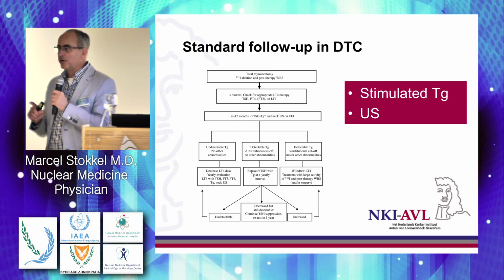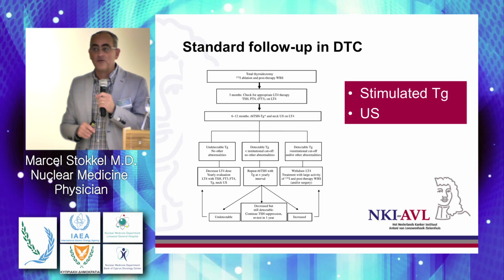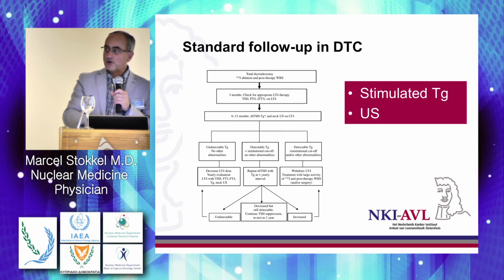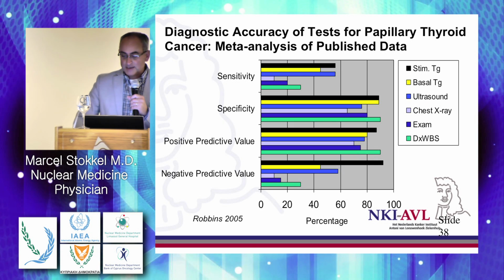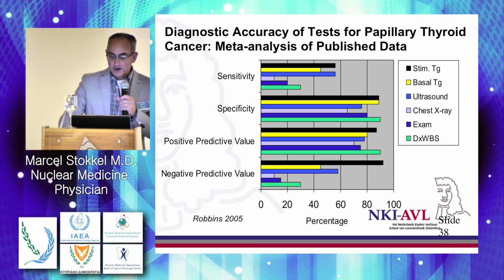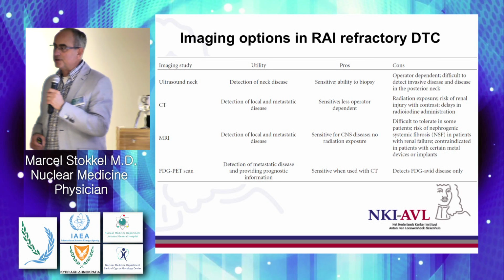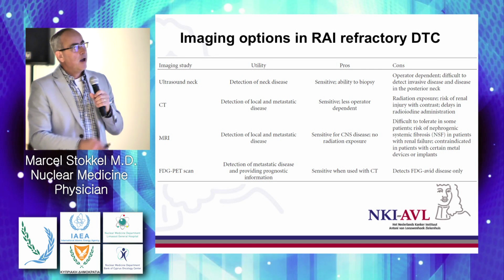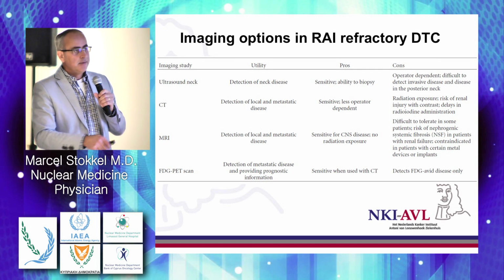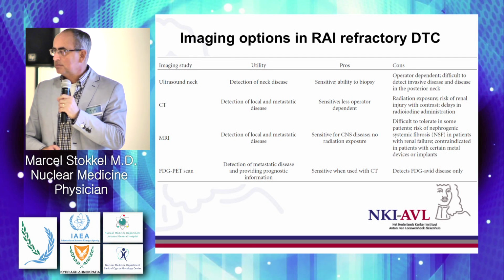What is the best time point to establish the risk profile of a patient? Is it before ablation or is it after ablation? Well, here again, the diagnostic accuracy of all tests used in clinical practice. I will come back later to this slide. What other imaging options should we apply when there is no uptake of radioiodine anymore? To my knowledge, these imaging options should not be applied after 6 to 9 months.